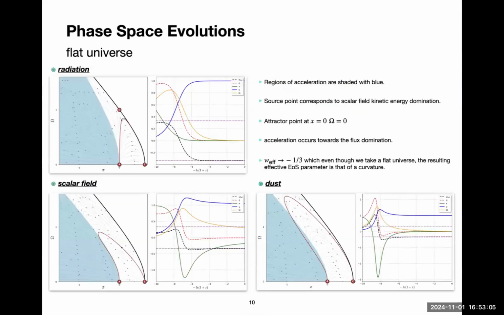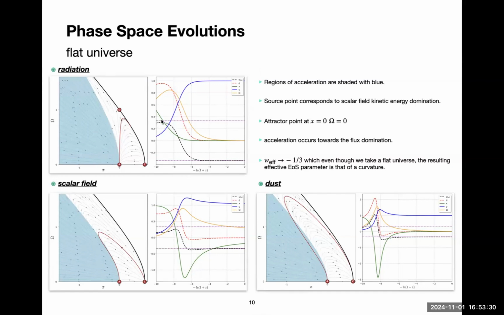So let's move on. This is the result on the flat ODD universe. As the question was whether the effective equation of state was evolving, yes, of course it's evolving, and it is very interesting to see its evolution in the ODD complete universe when we take the flat case. On all these components, the black dashed line is the effective equation of state.